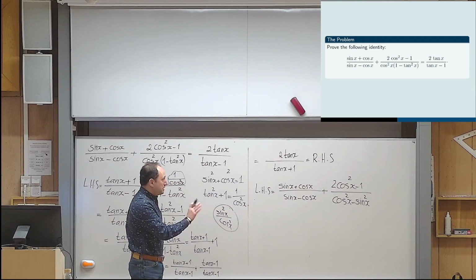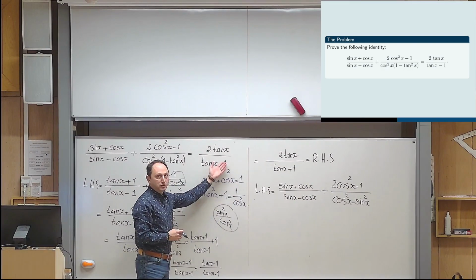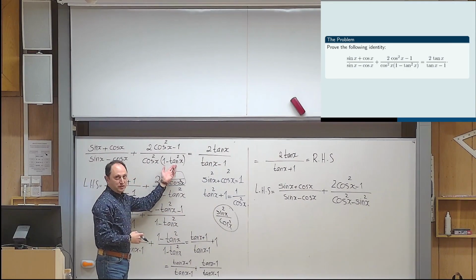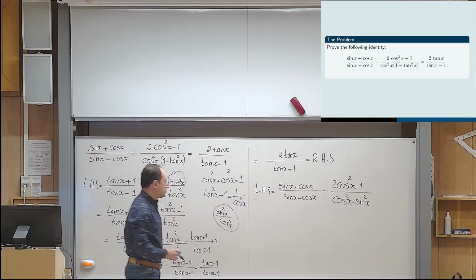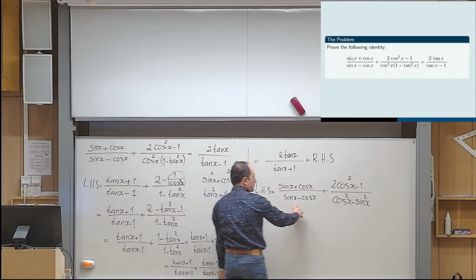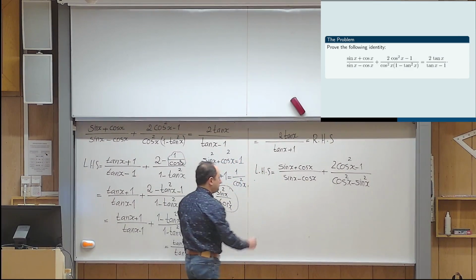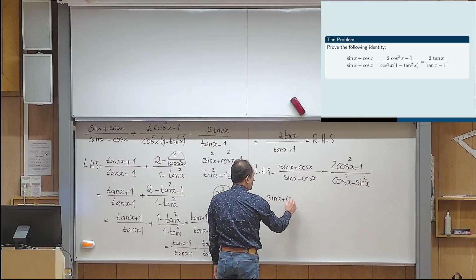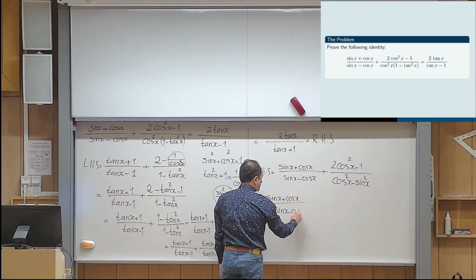That's also correct. It's a little bit of a deviation from the strategy because you want to write everything in terms of tangent, but actually you did the opposite. You just got rid of the only tangent that you had here, but I think still it would work if you know what to do. So what should I do? I have to take the common denominator between these two. So what I do, I write it as sine x plus cosine x over sine x minus cosine x.